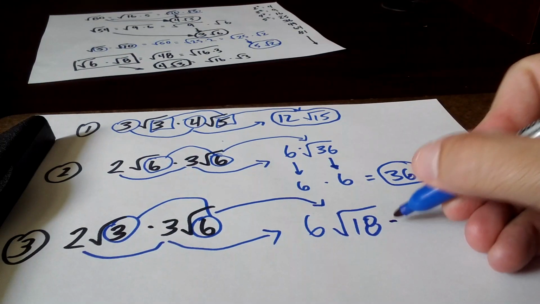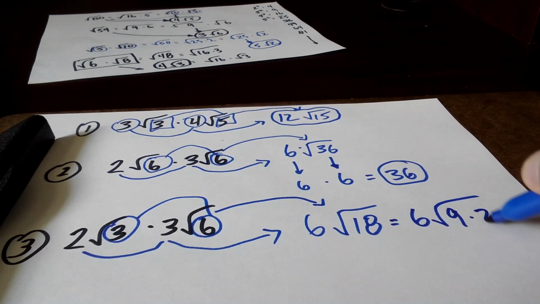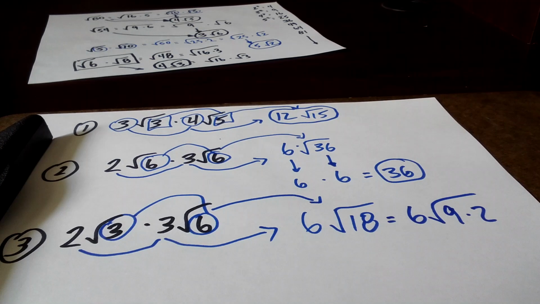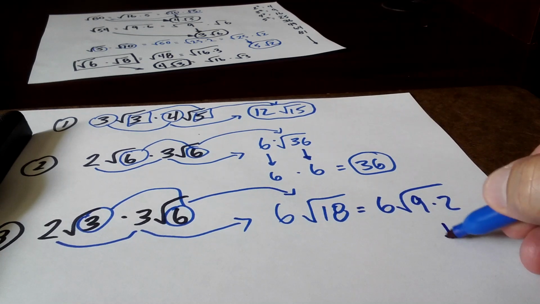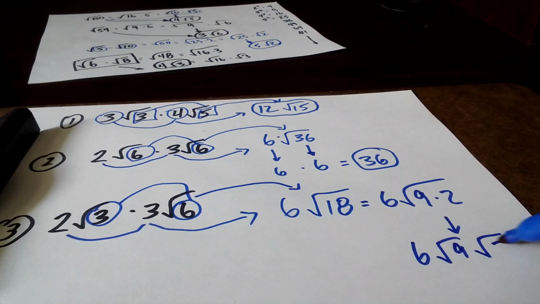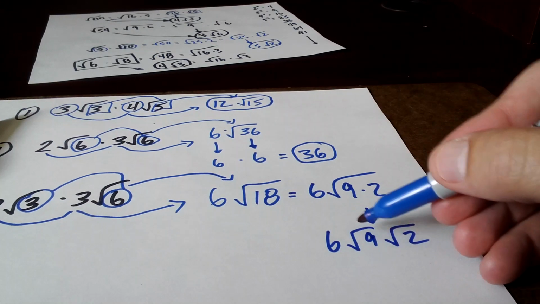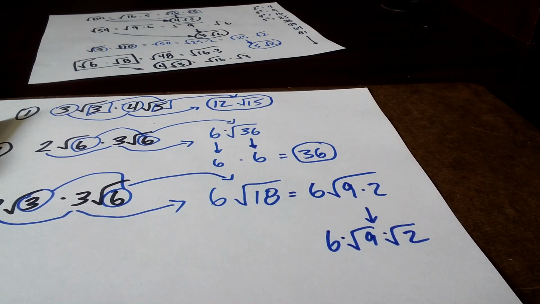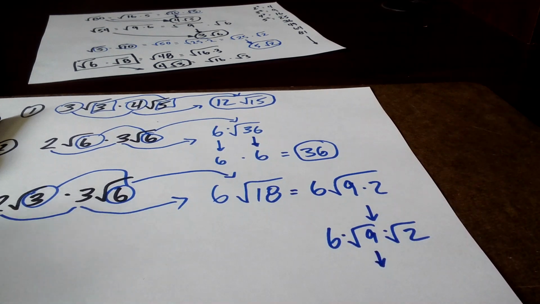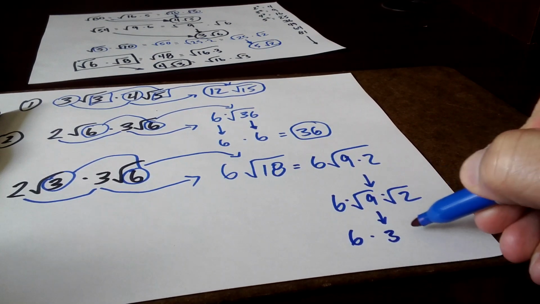All right, so I'm going to break this problem into 6 times radical 9 times 2. And just like we've been doing all day, we're going to give each of these their own radical symbol, which is 6, radical 9, radical 2. Now, a reminder that all three of these things are timesing each other. So we know that the square root of 9 is 3.